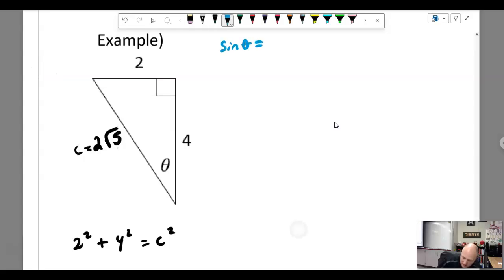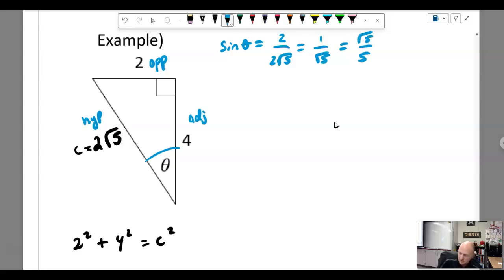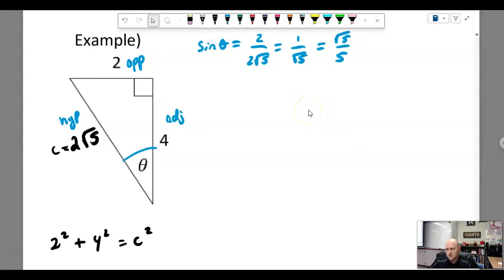Sine theta, opposite over hypotenuse. Here's opposite. Here's hypotenuse. Here is adjacent. So we get 2 over 2 root 5. I'm going to reduce. This is 1 over root 5, which after rationalizing, we get square root of 5 over 5. So I just reduce by 2, right?